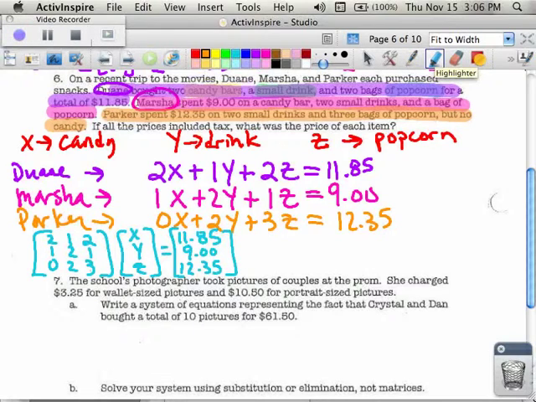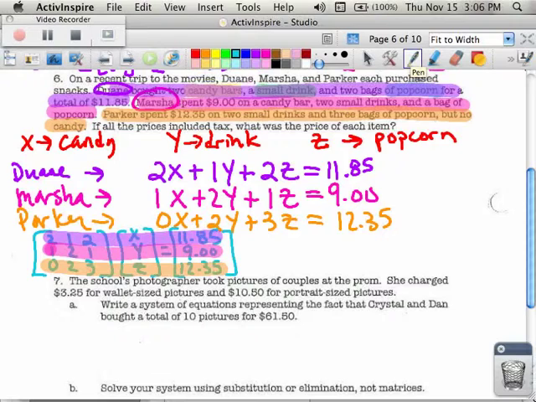So we have Dwayne, who is represented by all the X stuff. We have Marcia, who is being represented by all of the Y stuff. And we also have Parker, who is being represented by all of the orange stuff.